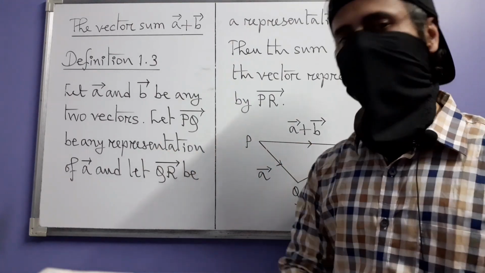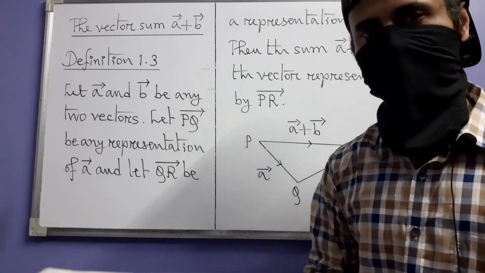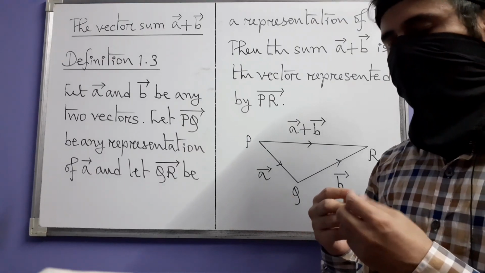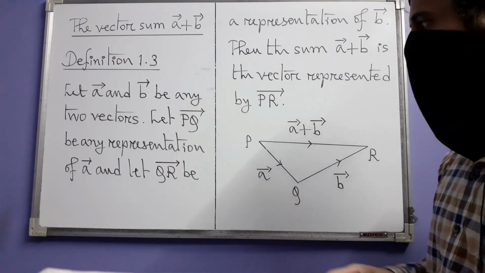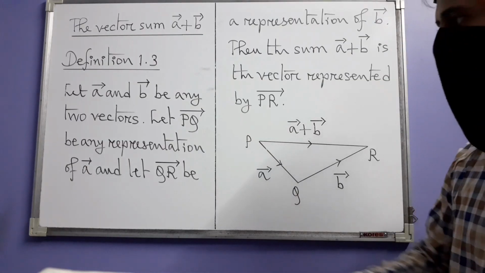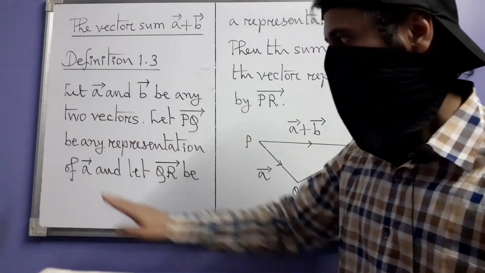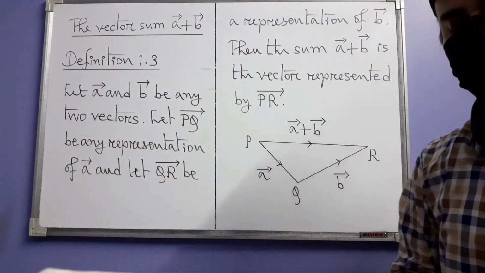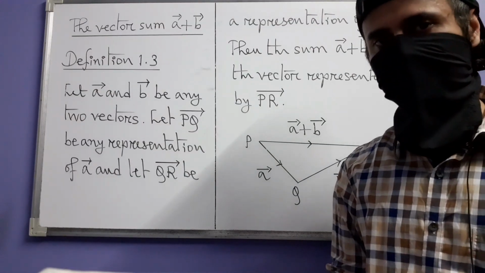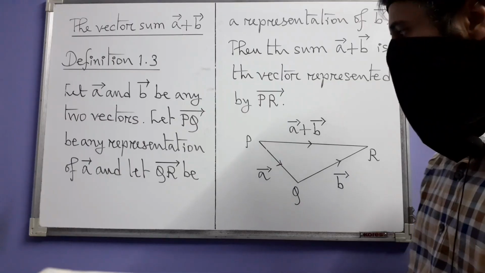Alright, now let us try to understand what's going on here. So you have an abstract vector, it may be any vector, and it is represented by the directed line segment PQ. Why did the author use the word any here? That is because a given vector has infinitely many different representations.